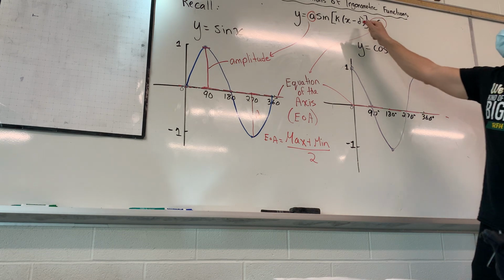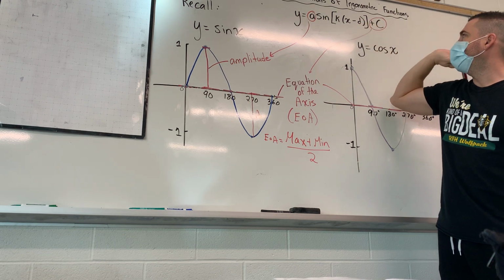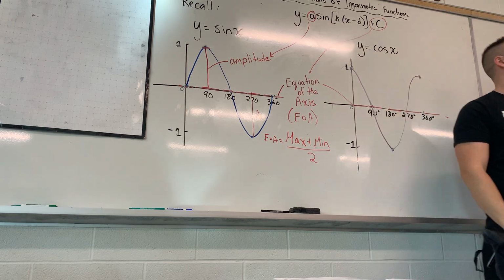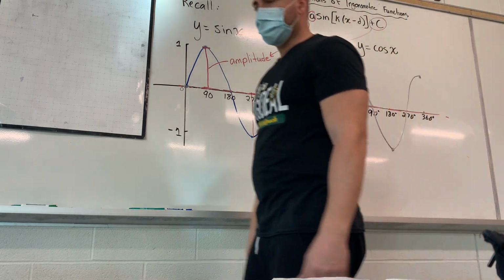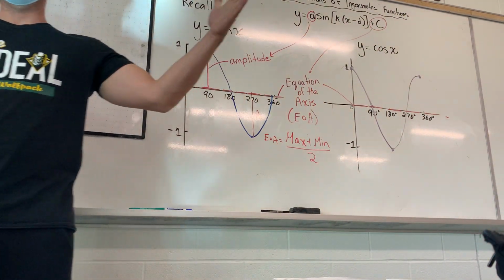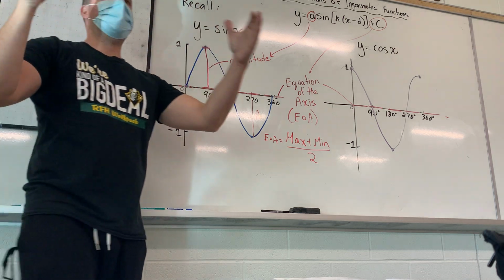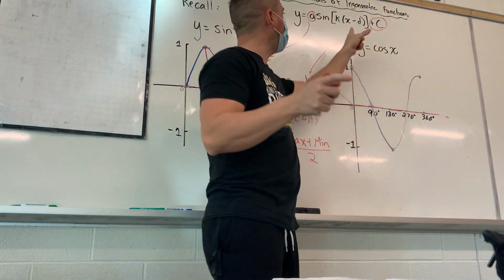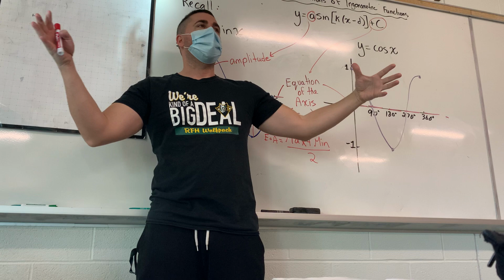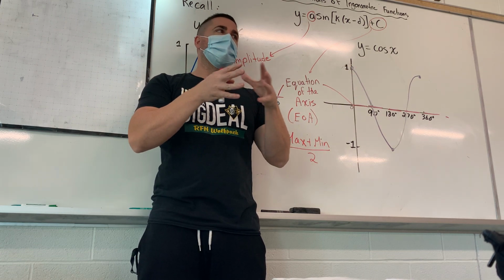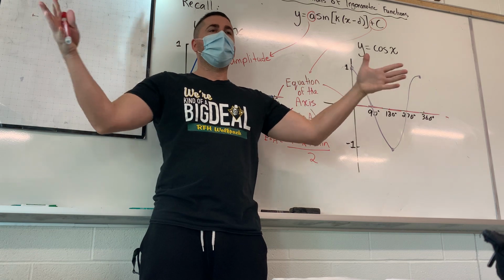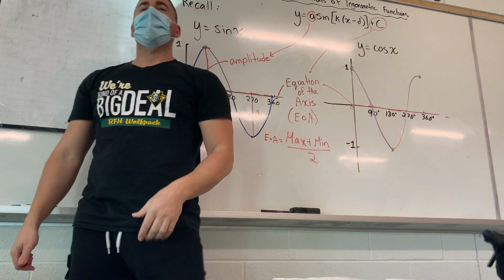Okay, your D value, well, actually let's go K. What's the K value in any function? Horizontal stretch or compression, okay, that's going this way. And learning from last year, what does the K affect in a sine or a cosine wave? Remember this, if I'm stretching or compressing the wave, would it affect the period?